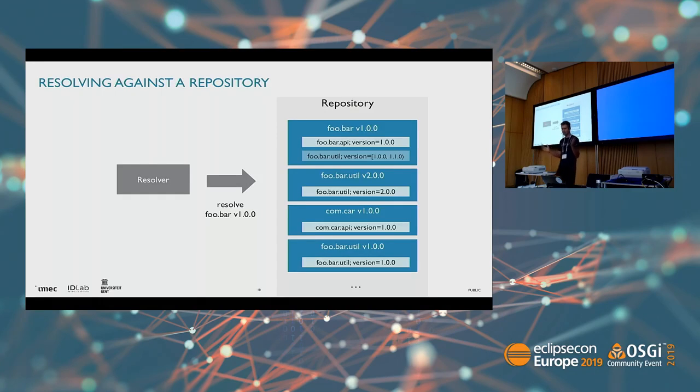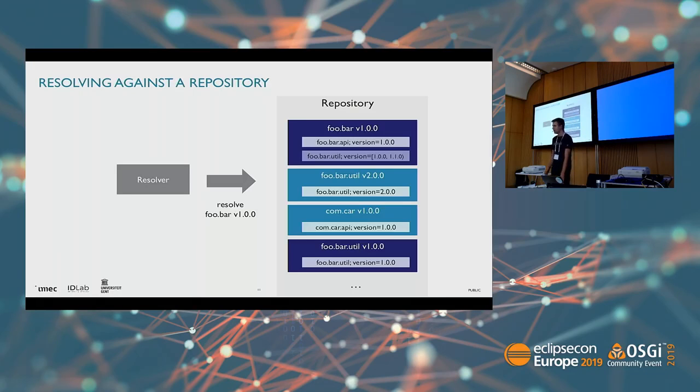Which are the bundles I need to resolve that? And then it will come up with a solution and say, okay, you'll need the implementation bundle, but you also need this utility bundle. And it will also match the versions. So you can basically query before anything is deployed inside the framework: suppose I want to have this bundle, what else do I need to make it resolve?